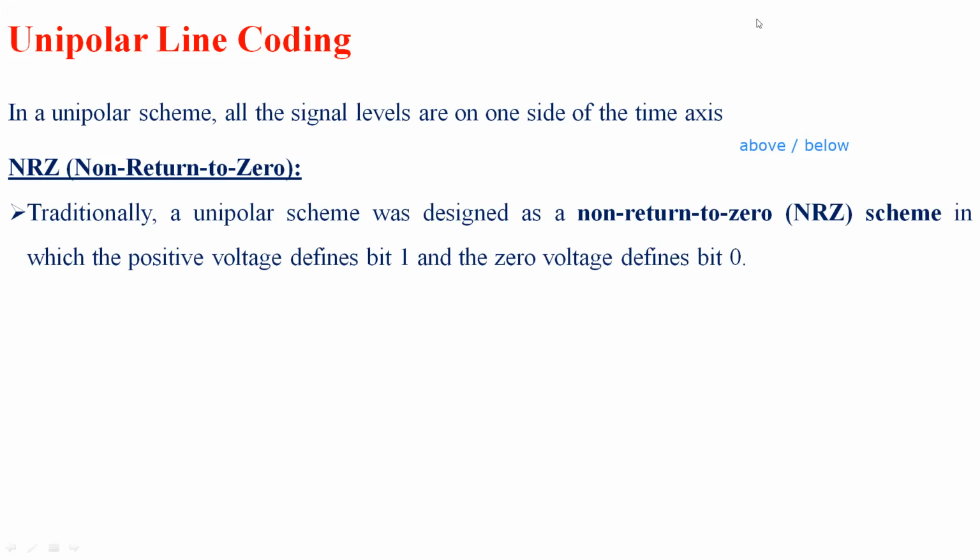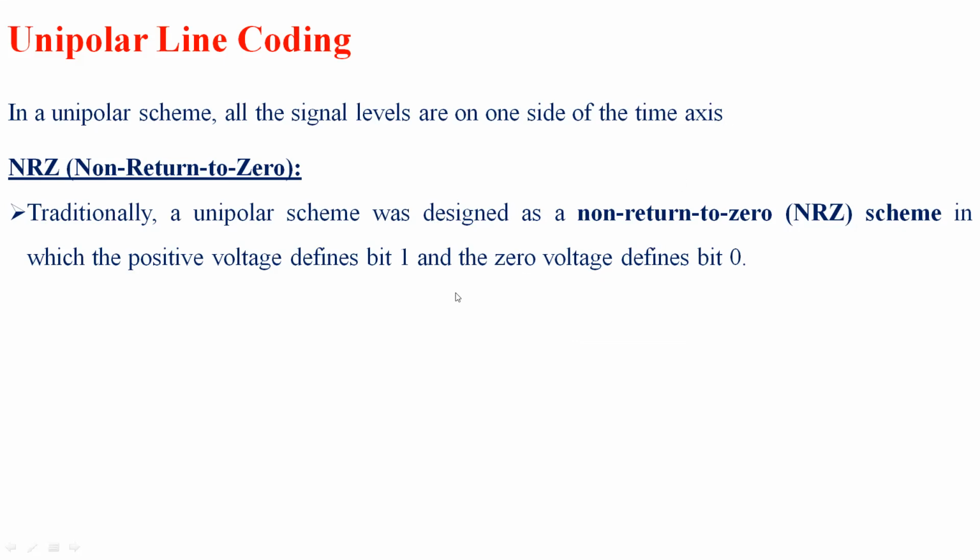If I say 0, then it is zero voltage. So zero voltage is defined by bit 0, and positive voltage is defined by bit 1 in the case of NRZ. NRZ is nothing but non-return to zero.